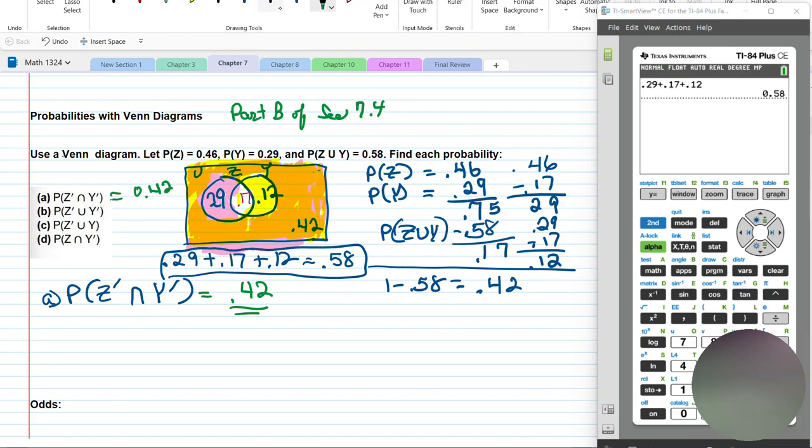B is the probability of Z prime, not Z, union with Y. Okay, that's a different animal.